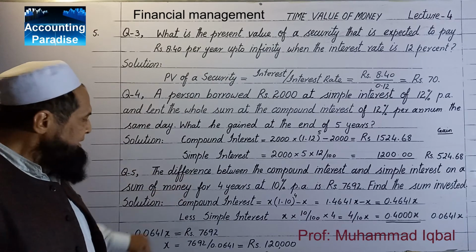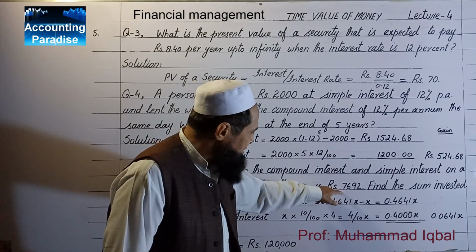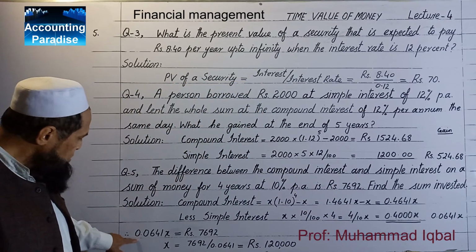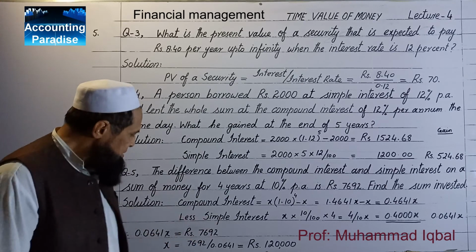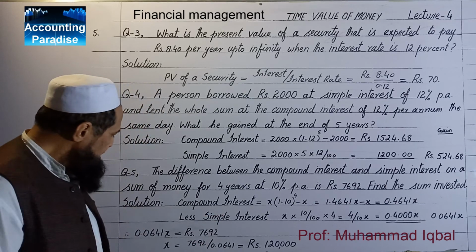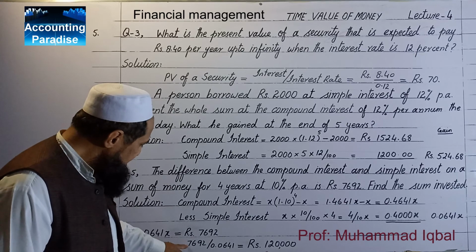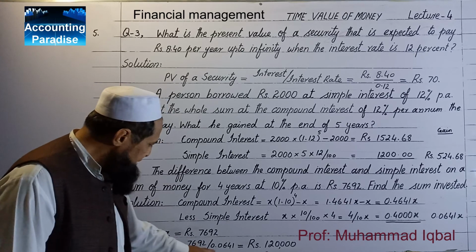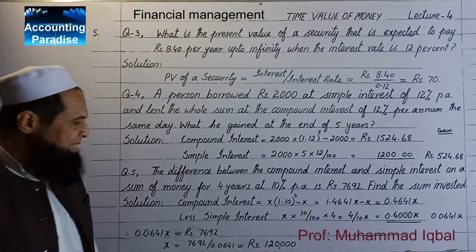Now the question says that the difference is equal to rupees 7,692. So 0.0641x is equal to rupees 7,692. When we calculate x, then x is equal to 7,692 over 0.0641. It comes to rupees 1,20,000.